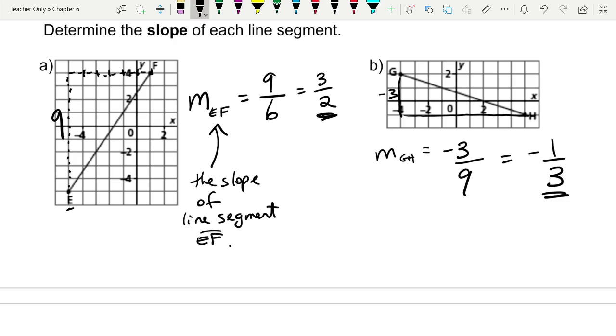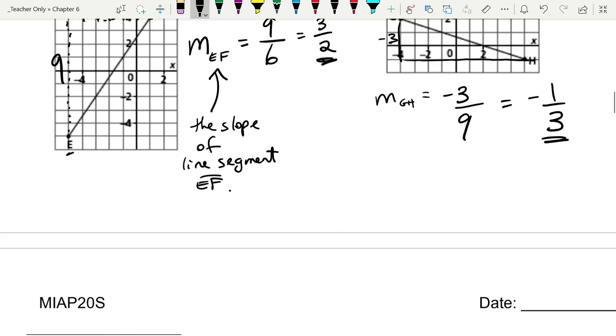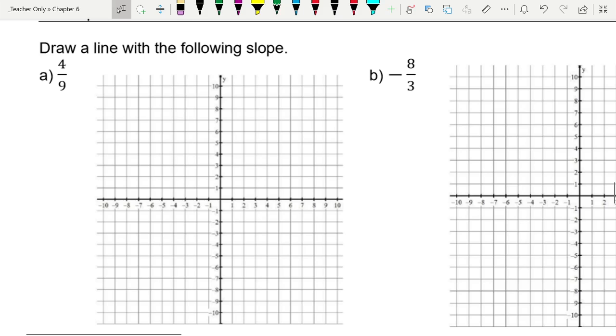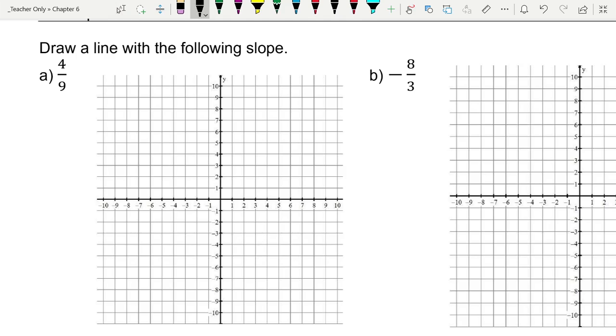All right, let's see if we can do what we just did backwards. If we can find the slope given a line, what if I tell you what slope I want and I ask you to make me a line? Now, it doesn't really matter where you start. Start anywhere. Tell you what, since the bottom is a 9, the run is a 9, I'll start over here at -9.